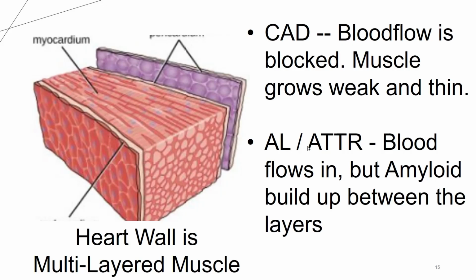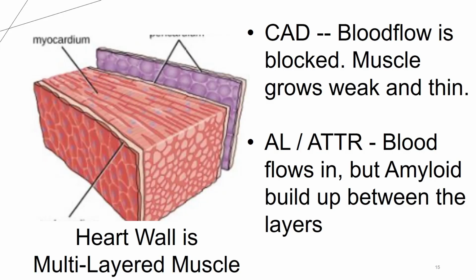In amyloidosis, the blood flows in fine, but the amyloid builds up between each of these layers of the heart. So not only is it thicker and has less room for the blood to flow in, but because it's in between every layer, it's hard for it to squeeze the way it should. And the heart really squeezes like this. It not only is squeezing in, but it's turning on itself.